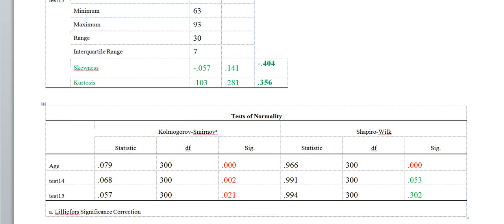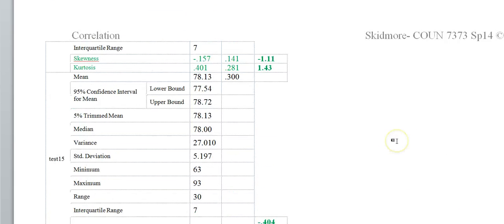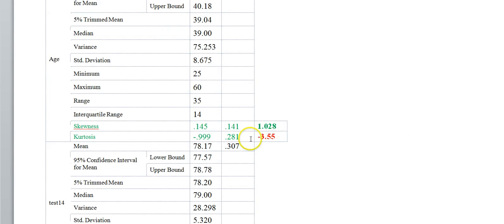If we look at our normality test, in the KS, all of them come out to be statistically significant, but in the Shapiro-Wilks, only the first one, age, is statistically significant, which means we feel it deviates enough from normal to not consider it normal. So that's one incidence of that, and another one here with the kurtosis.